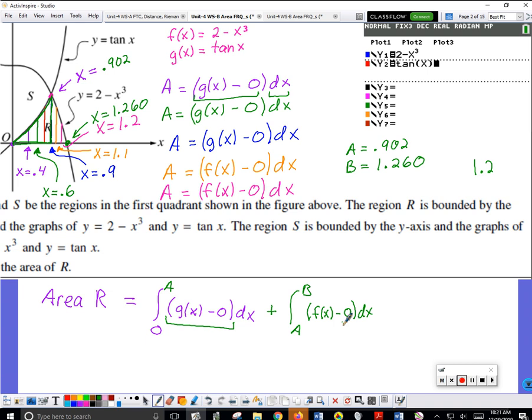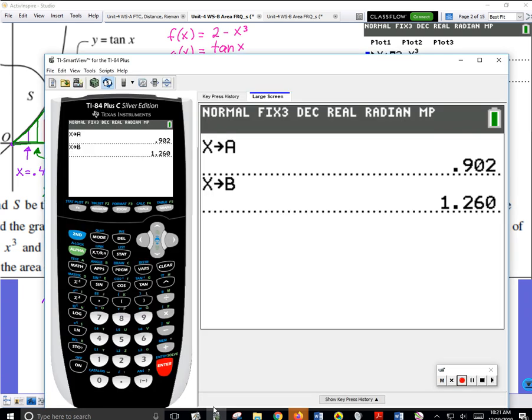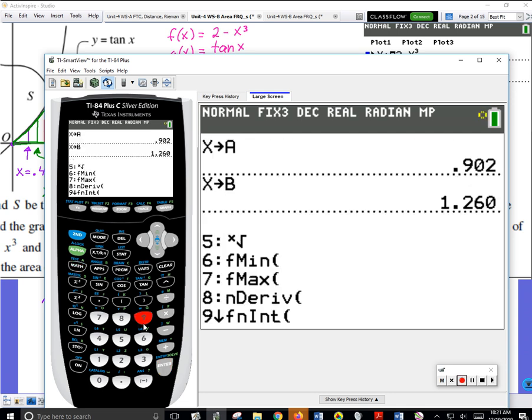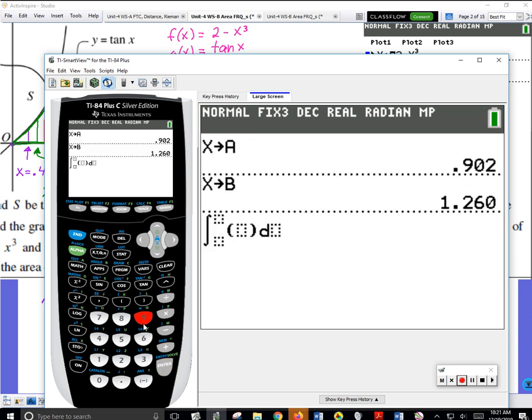All we have to do now is make sure our calculator produces the right decimal result. So back to the calculator. Math 9. 0 to A. I need g of x.